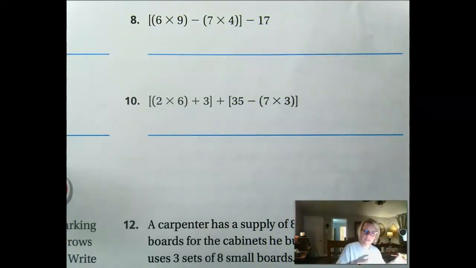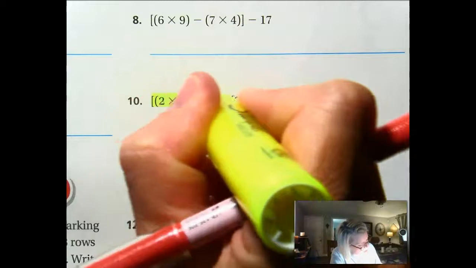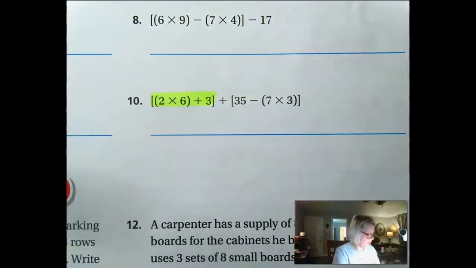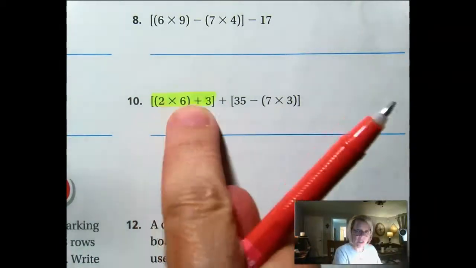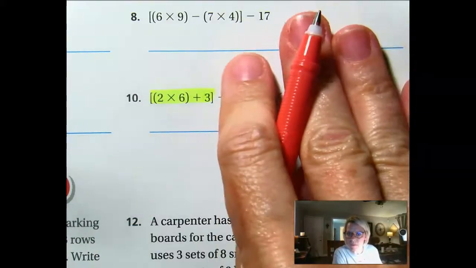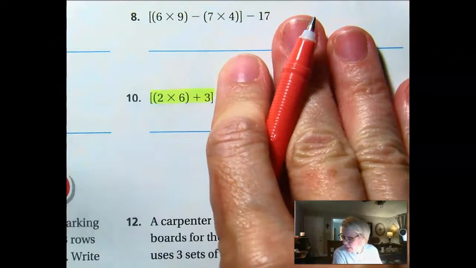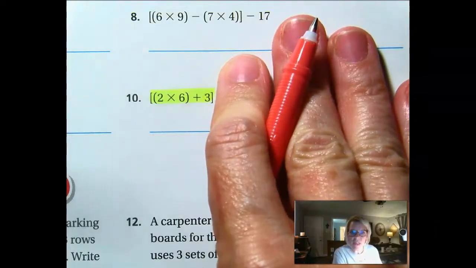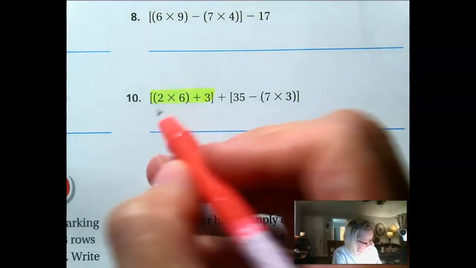We have brackets on the right. So let's always just go from left to right. That'll get you in the habit. In this case, it doesn't matter which bracket set you work on first. This one or this one, but you still have to follow the rules inside the bracket. So I'm just going to start with this one. I'm going to ignore this completely. I'll go ahead and get this side simplified, and then we'll do the other side.